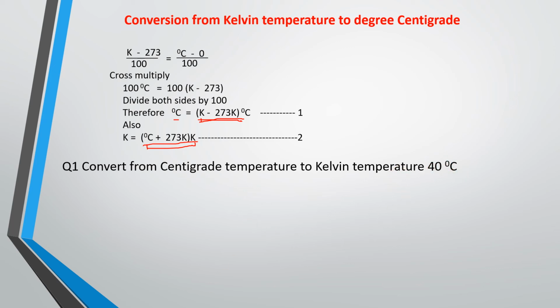Okay, so you have been given your temperature in degrees centigrade. So we'll say that Kelvin is equal to degrees centigrade plus 273.